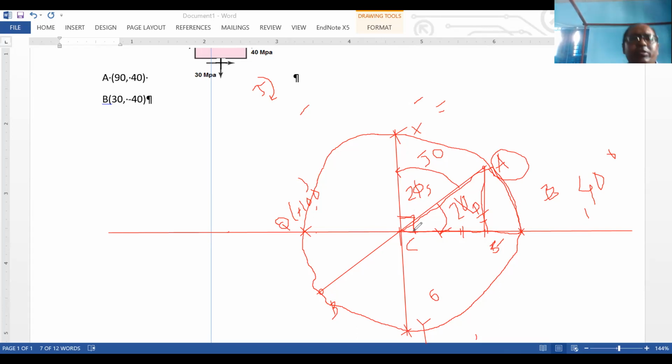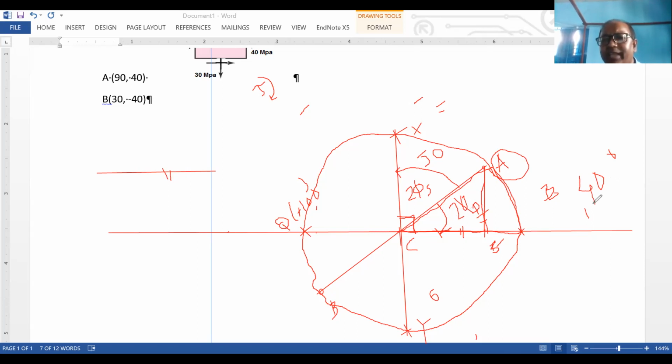Now, in short, I'll show you how we draw the orientation of the element. For our principal plane, this is my original x-axis. This line I draw represents line AB, because along A represents along the x-axis. Now, from the x-axis, if you rotate clockwise, then you get 2 phi p, for sigma 1.